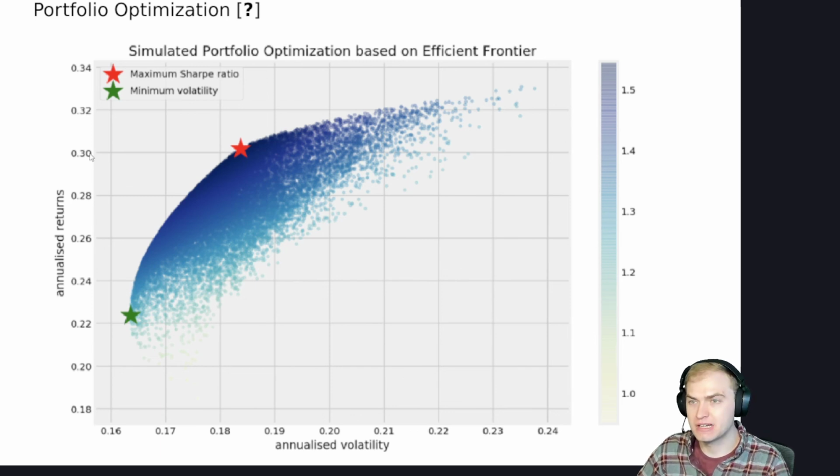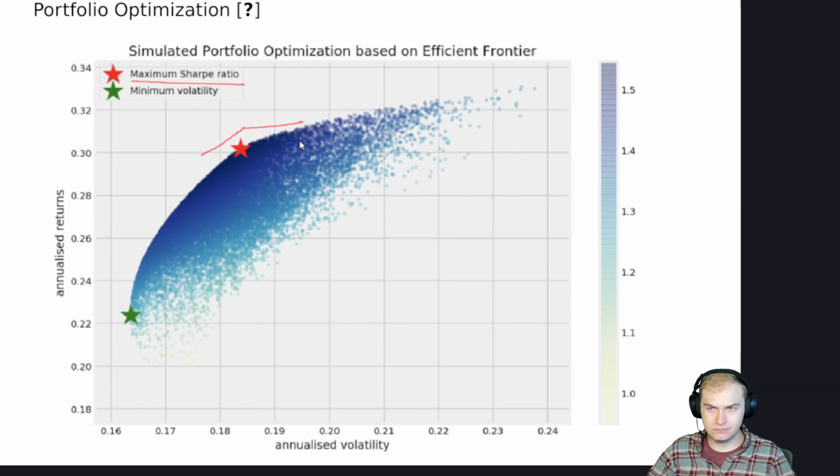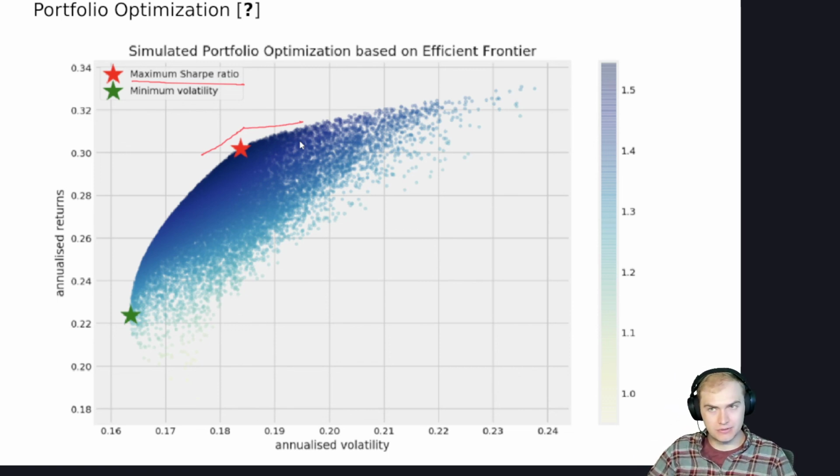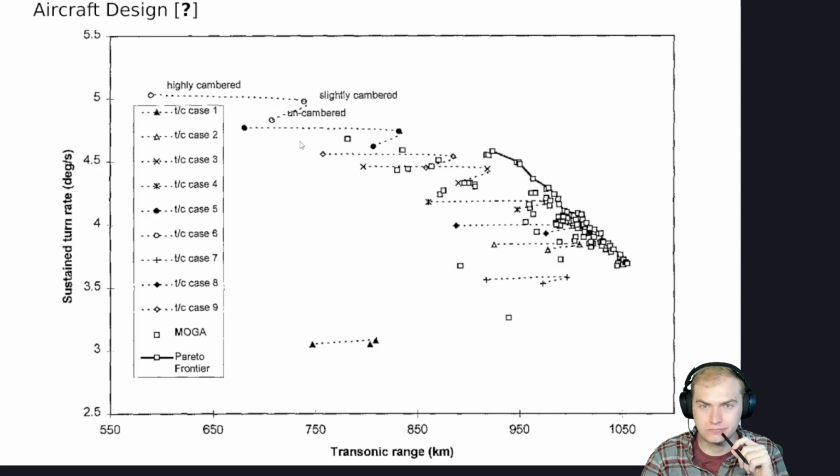And here the maximum Sharpe ratio is sort of looking for those elbows I mentioned before. So this is a plot of expected return versus probability of collapse of the portfolio. Very common application.